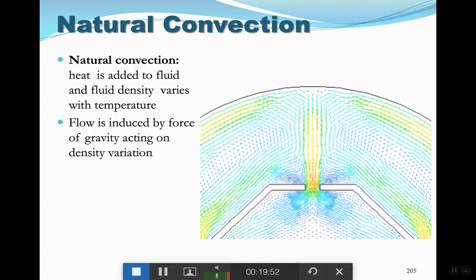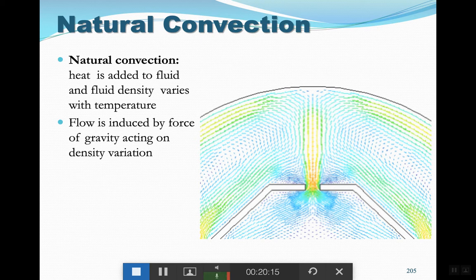So when you have inside your flow some places at 80 degrees and some other places at 20 degrees, obviously their densities would be different. The fluid at 80 degrees will have a lower density, or will be less heavy, than the other places that are at 20 degrees.